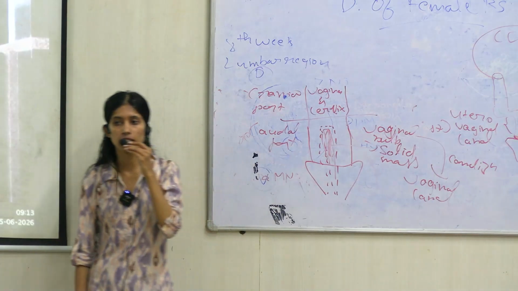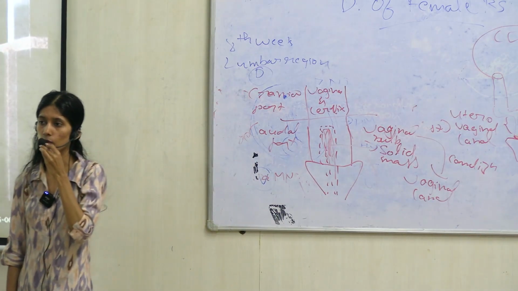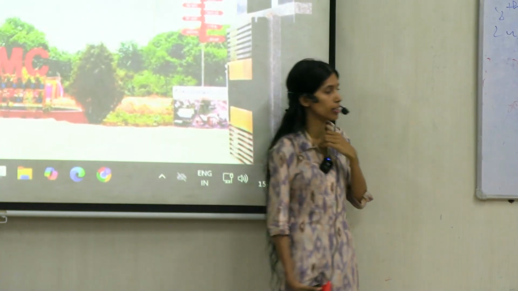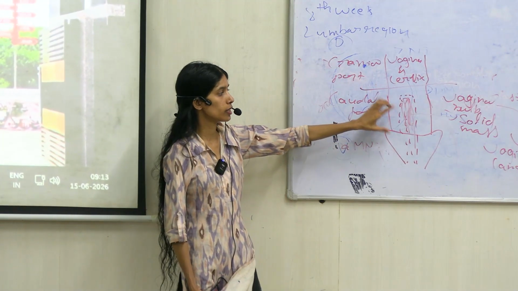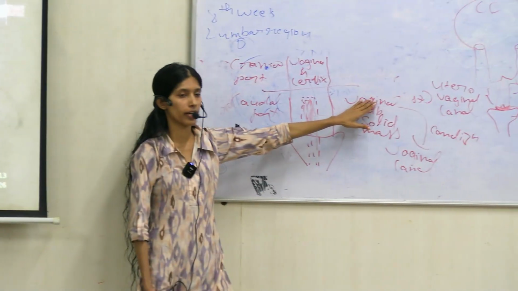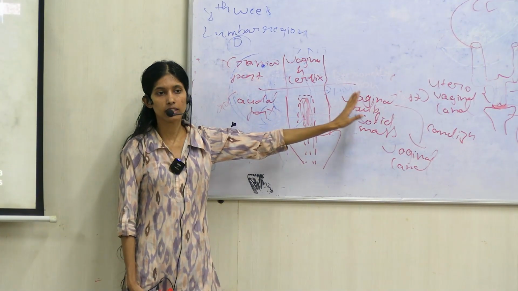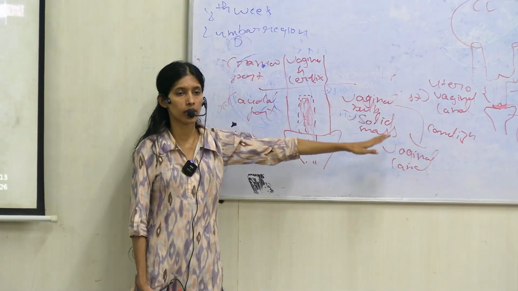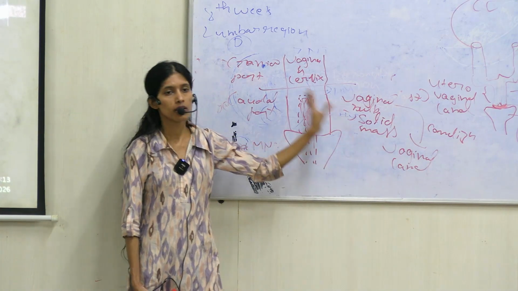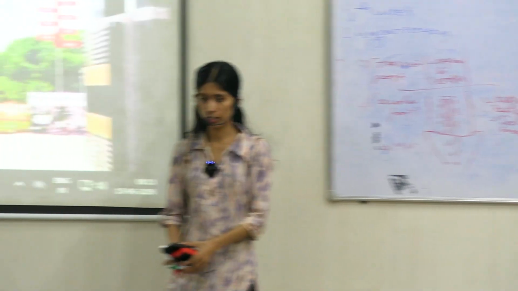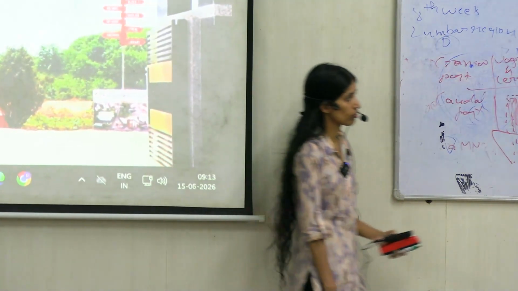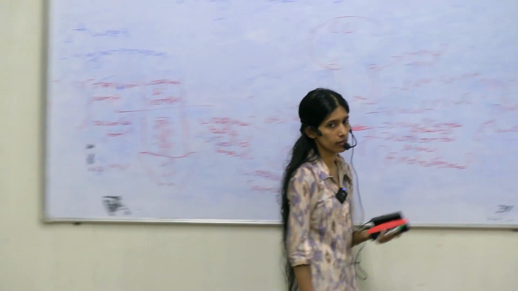And the urorectal sinus is endodermal in origin, so it will pass few endodermal cells into the caudal part and it will convert into a solid mass-like structure which is called as vaginal bulb. Later, the vaginal bulb will undergo canalization to form a vaginal canal. Is it clear now? Any doubts? Okay, we'll come back to this structure again.